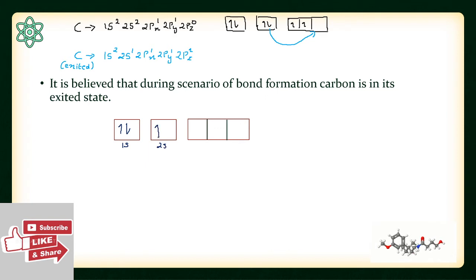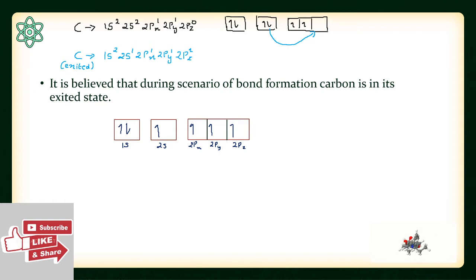In its excited state, it has only one electron. Then we have the 2px, 2py, and 2pz, with one electron each. So this is carbon in its excited state.